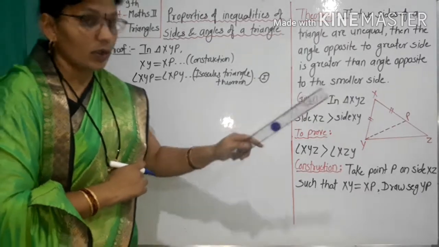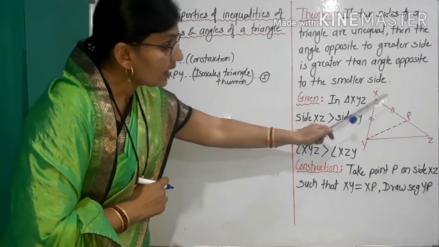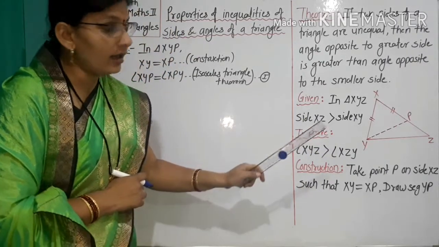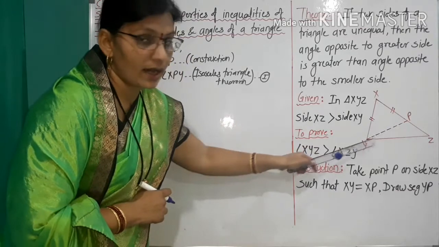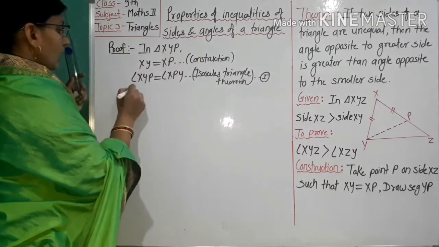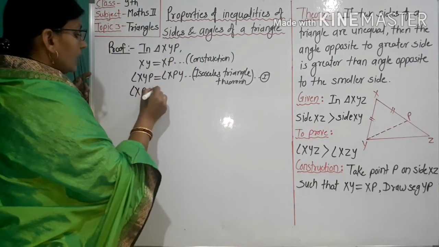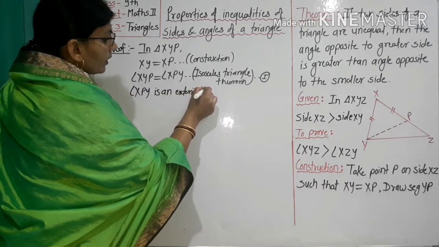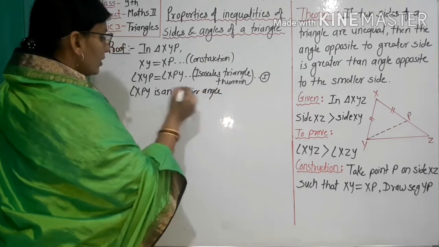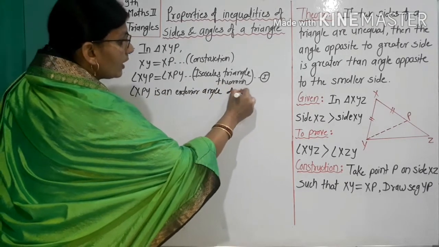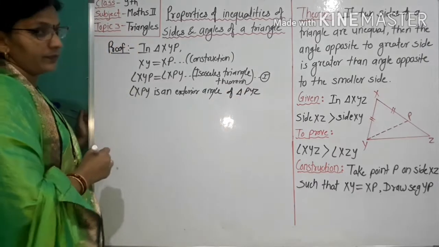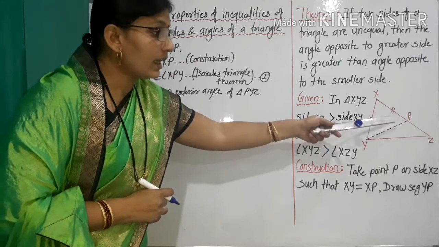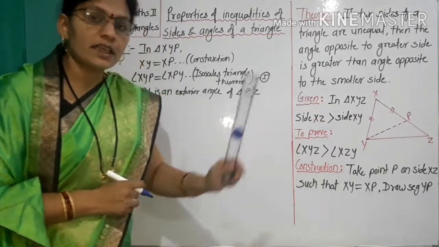Now, observe that this angle XPY is an exterior angle of triangle PYZ. Angle XPY is an exterior angle of triangle PYZ, and an exterior angle is greater than its remote interior angle, by the exterior angle theorem.